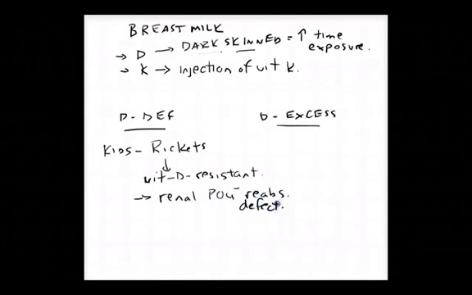Now, remember we mentioned that vitamin D is going to move calcium and phosphate in the same direction. So if we can't reabsorb PO4, we get a drop in PO4 levels, and as a result, calcium is pulled along with it.